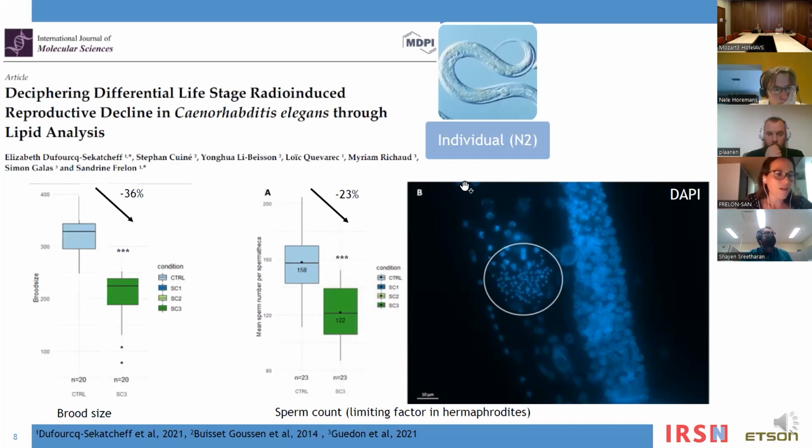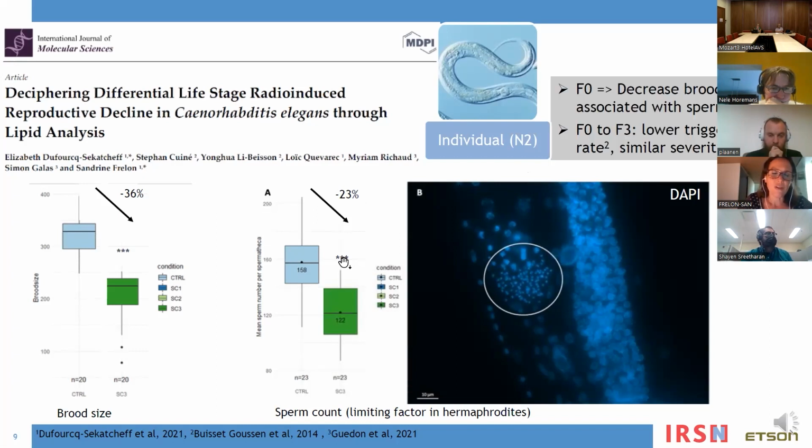After parental chronic exposure of the wild-type strain to gamma rays, we found in the lab that brood size was reduced by about 36%, mainly explained by a reduction of sperm counts. If irradiation continues on the second and third generation, this effect appears at a lower dose rate, but with a similar severity.